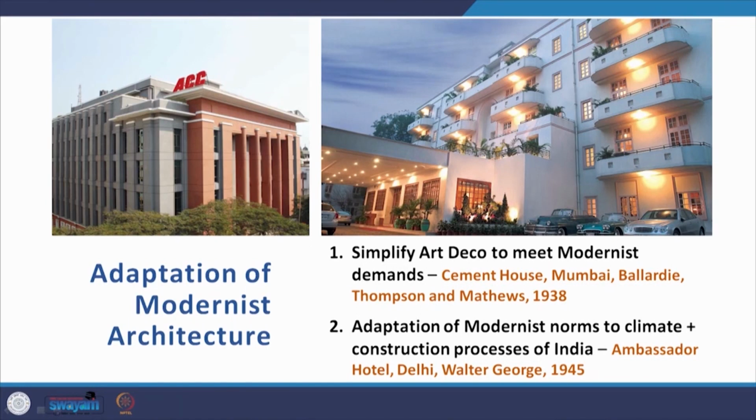For example, the Cement House in Mumbai, which is now the ACC headquarters, by Ballardie, Thompson and Matthews in 1938. And then the adaptation again of modernist norms to the climate and construction process of India, the Ambassador Hotel here in Delhi by Walter George. Of course, this is not purely modernist, so to say, because if you look at the balconies, you are reminded of Art Deco with their curved forms.